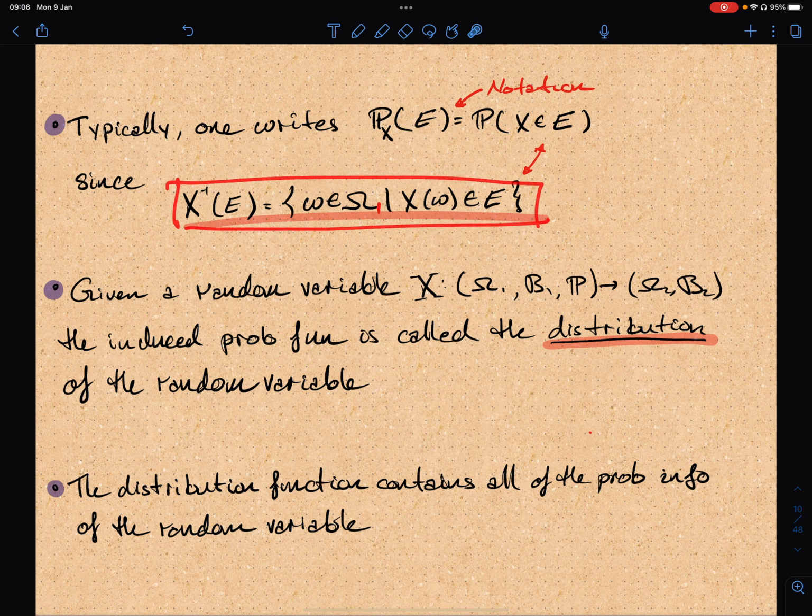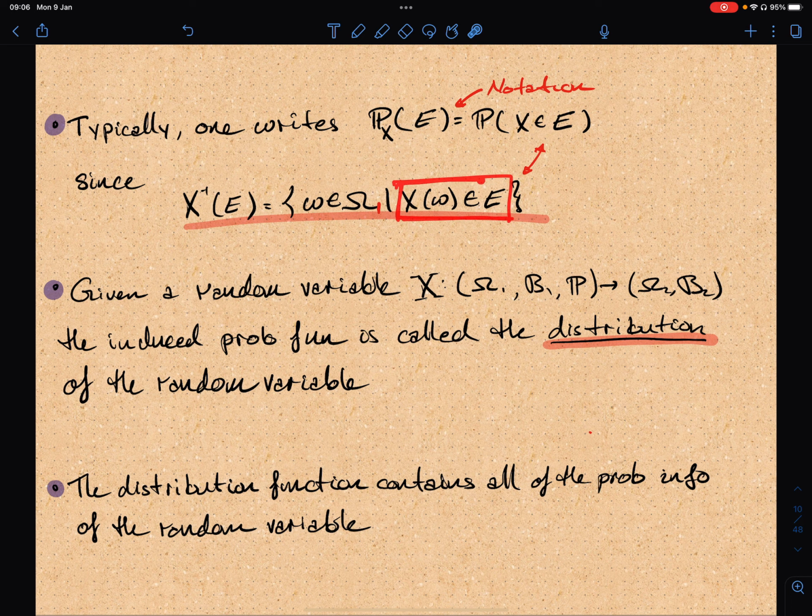The convention is to use this notation because the set is a bit of a handful to write, and this looks neater. In particular, when you look at the definition of the pre-image, you can write it as a set where the condition is given as this.